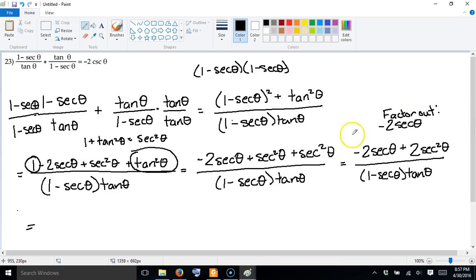When I do, what I'm left with from my two terms is a 1, because negative 2 secant squared theta is this right here, minus a secant theta.